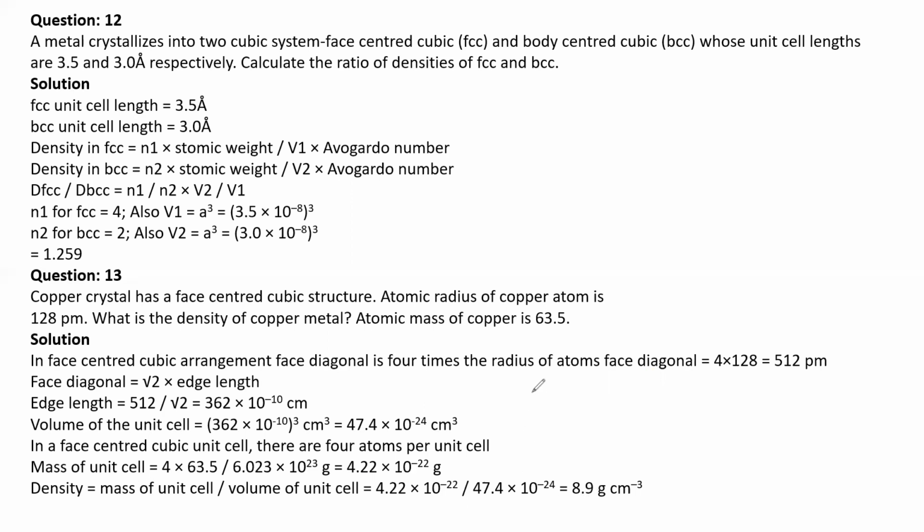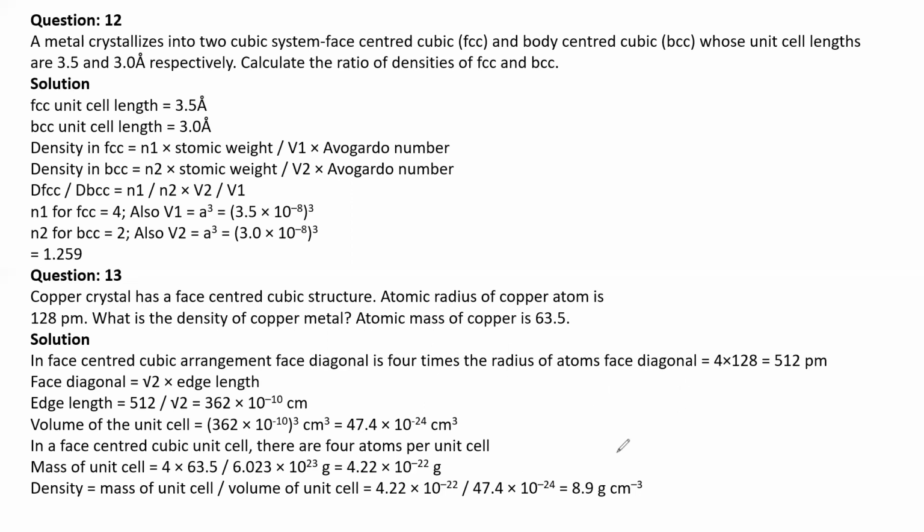So in this case, we can have two steps. One is directly, instead of using 4 into 128, 512 picometers, etc., straight away we can write R is equal to A by 2 root 2, which I have written previously. As radius is given, you can comfortably find the edge length. Once edge length is found, you can use the formula density rho is equal to Z into M by A cube into Na.